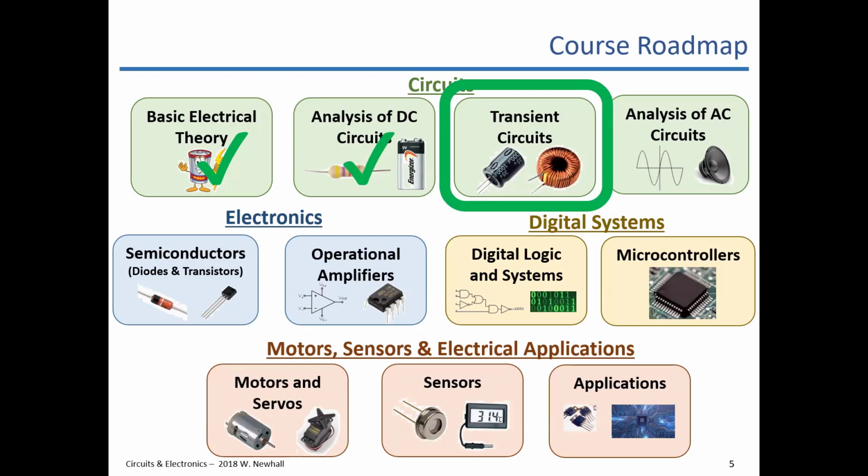And what we're usually studying and what we're going to study here is what happens to the voltages and the currents in a circuit when you have a sudden change in the circuit. That sudden change could be a switch turning on, a source being connected, a source being disconnected. There's some sudden change, and then you get a response that varies over time.